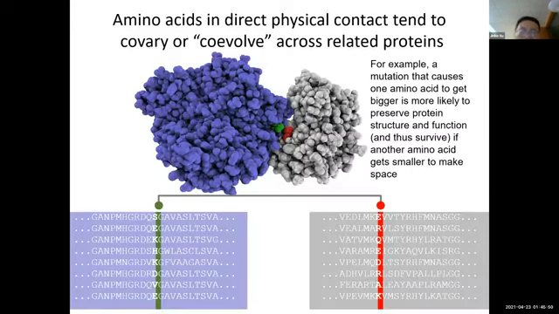This picture just explains what coevolution is. Look at these two residues. Suppose one mutates, then it's likely the other one will also mutate in order to maintain the stability of this structure.